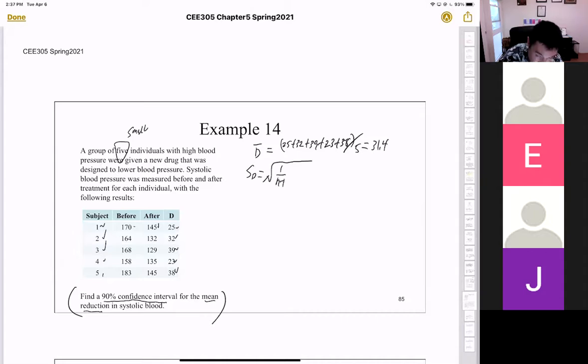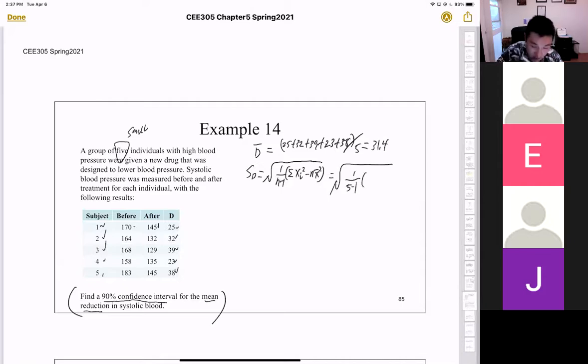This is the equation we learned from chapter 2. The sample size is 5, so it's 5 minus 1.